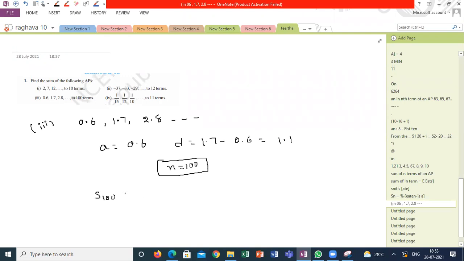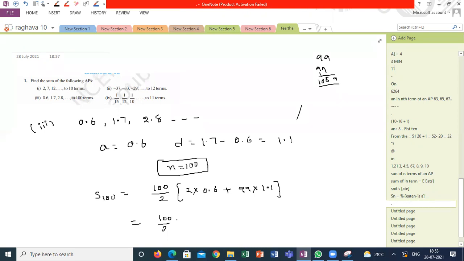So S100 will be equal to 100 by 2 into (0.6 plus (n minus 1) into d). That is 99 into 1.1. So 99 into 11 is 1089. So this will be 100 by 2 into (2 into 0.6 is 1.2 plus 108.9). 99 into 1.1 is 108.9.